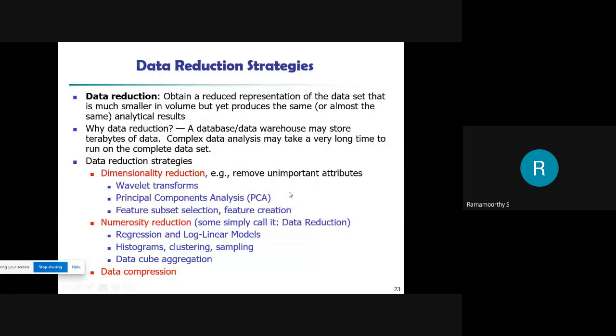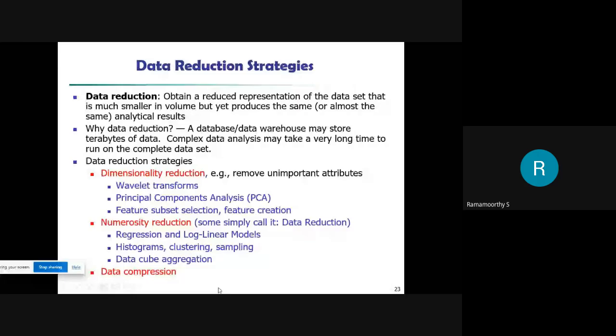And data reduction strategies. Some of the strategies listed here are dimensionality reduction, numerosity reduction, and data compression, right? So what is dimensionality reduction? Example, remove unimportant attributes.